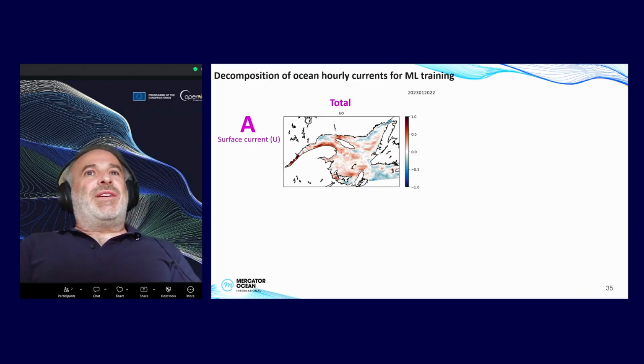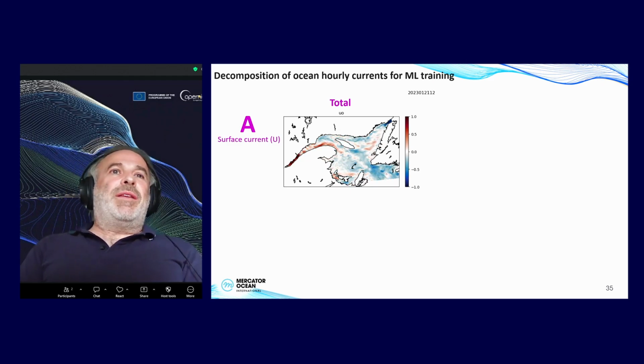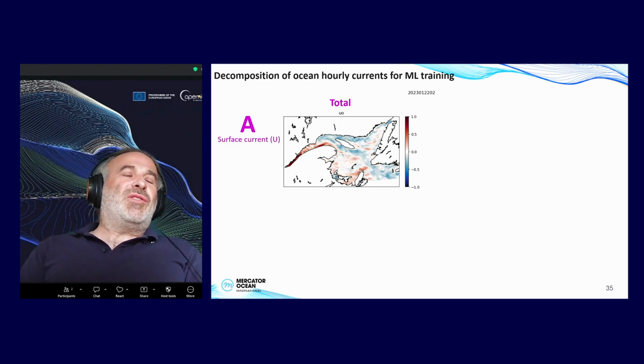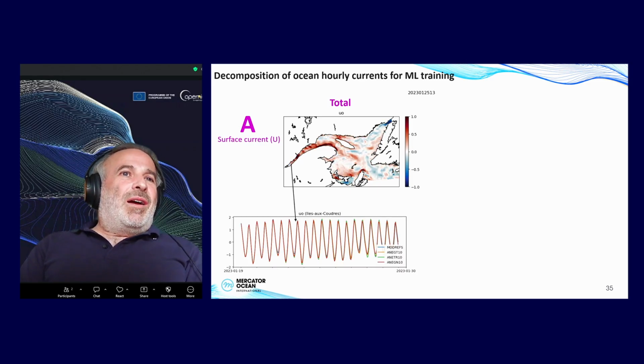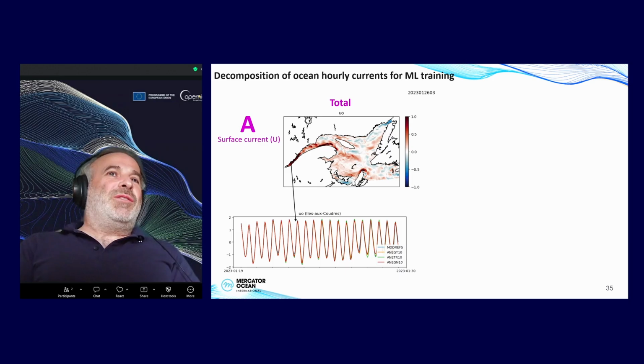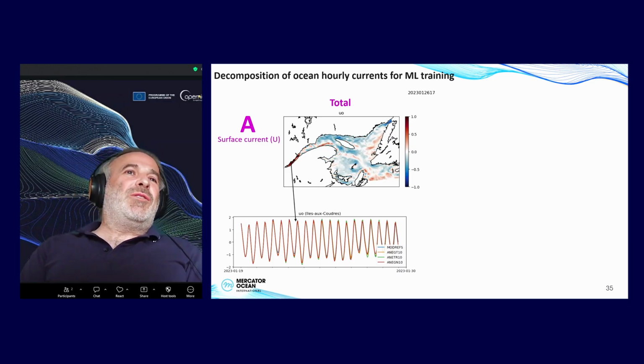Next slide, please. So this is here an example of an animation of the surface current, the U component of the surface current. As you can see, it's quite dynamic. So this is the total U surface current. So next, please. So depending on the region you're in the Gulf of St. Lawrence, you have more barotropic or baroclinic surface current.